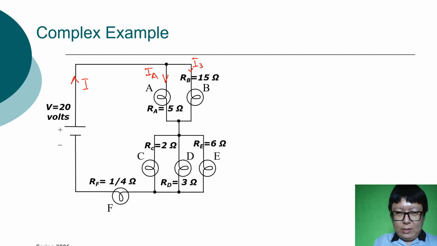And after that, in these junctions, it becomes I again. Then in these junctions, the I is divided again, becoming IC, ID, and IE. And in these junctions, it becomes I again, or IF. Same with I.